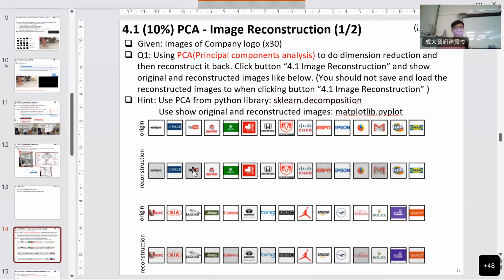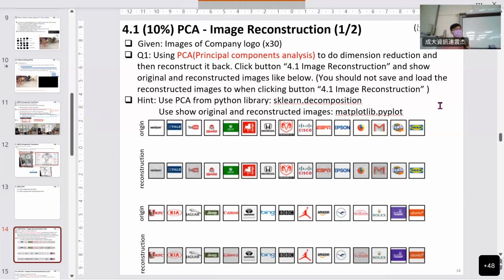So back to the point. We reconstruct the image using PCA, and you can use the function written in the hint below. How many images is the first one? I will give you all 30 images, total 30.